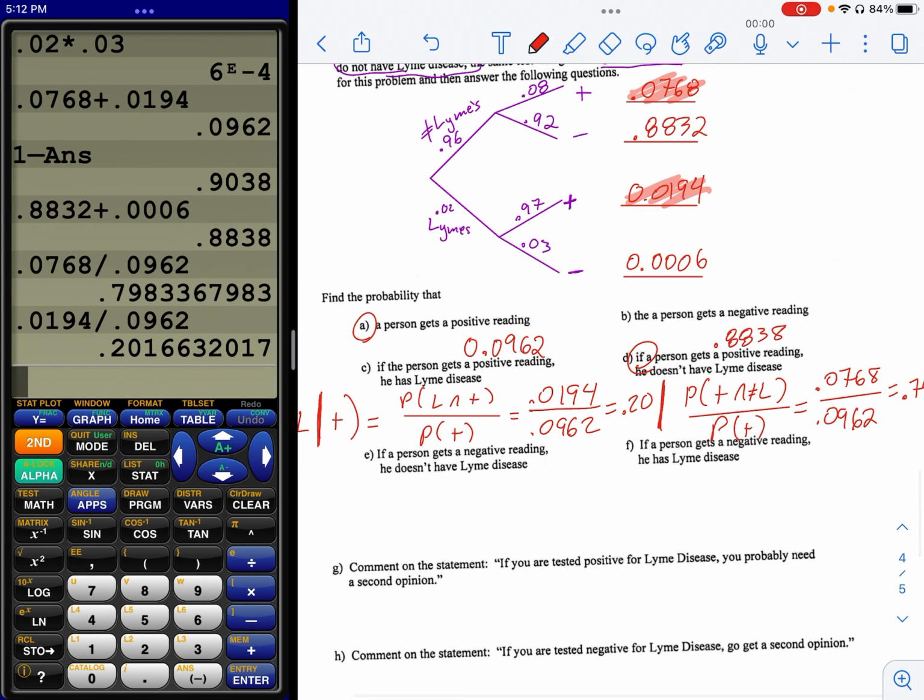E. Now the condition is a negative reading, right? So now my denominator is the probability of a negative reading, which is right here, which is 0.8838. My numerator will be the probability of both of these. A negative reading and you have Lyme's, that's this one, 0.0006.